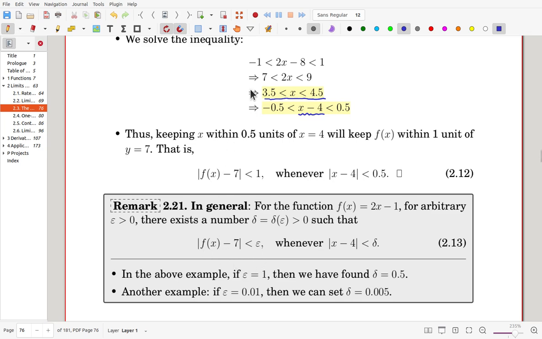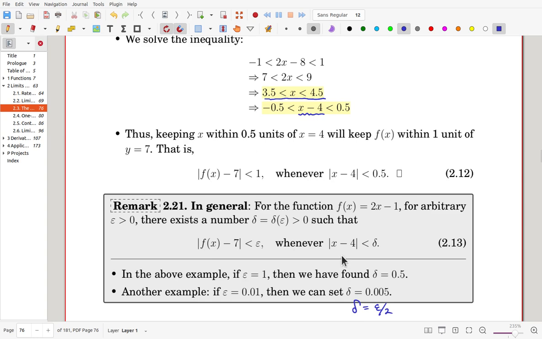In the above example, epsilon is 1, then we have found delta is 0.5. By using this same argument, you can see that if you choose epsilon is 0.01, then you can get delta is 0.005. So in general, it looks like if delta is half of epsilon, then always that inequality is satisfied.